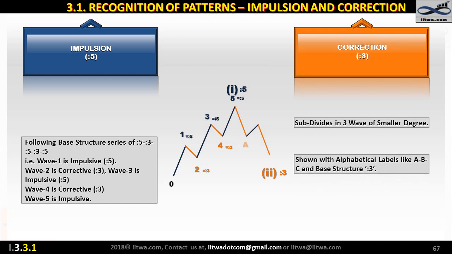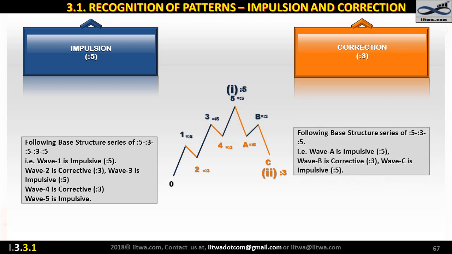This subdivision is labeled by alphabets like wave A, B, C. Among these 3 waves, the first wave, wave A, is an impulsive wave, wave B is corrective, retracing back to wave A. Wave C is again an impulsive wave, supposed to be divided into 5 waves.